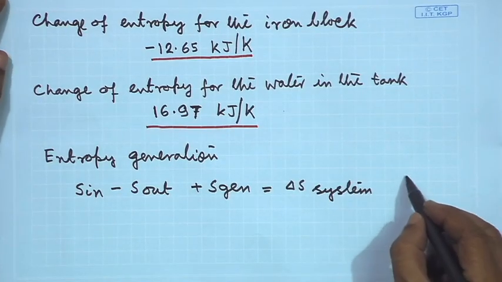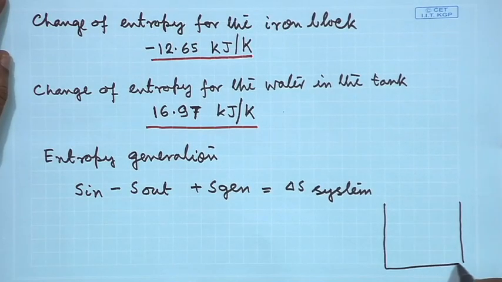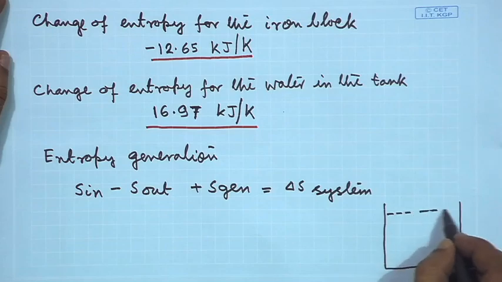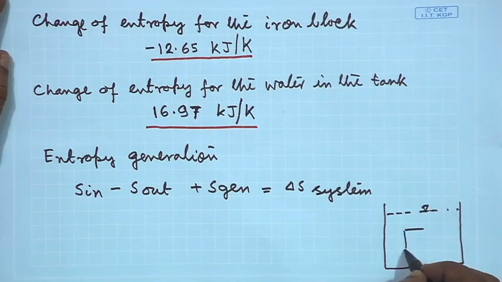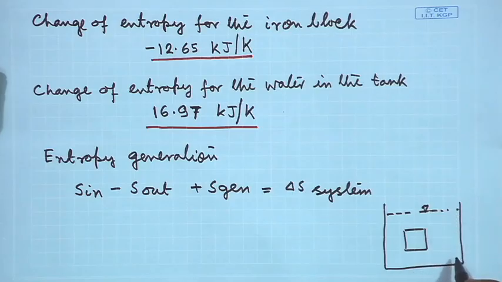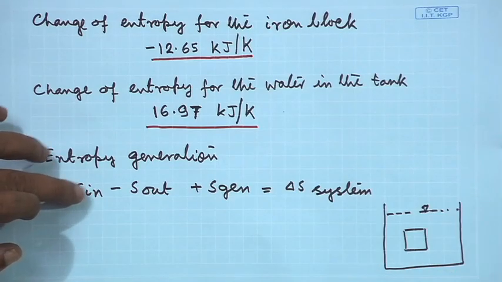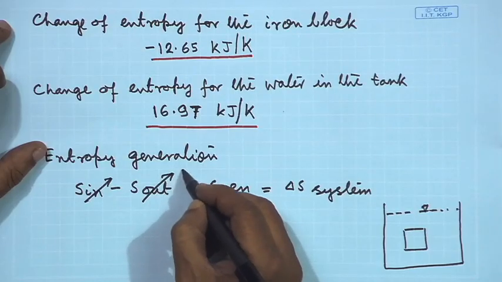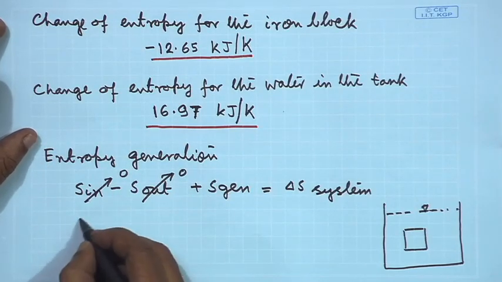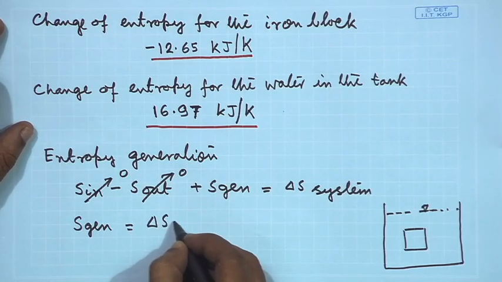Now, if we think that this is the tank and this is the iron block, water in the tank and iron block constitute the system, and there is no heat transfer out of the tank. So, then S in is equal to 0, S out is equal to 0, these two terms can be written as 0, and then S gen is equal to delta S system.